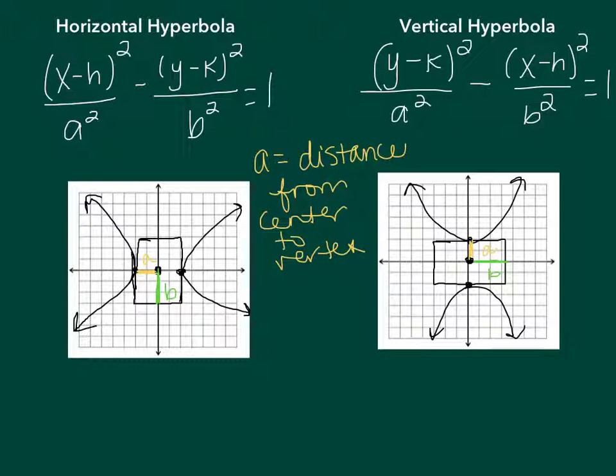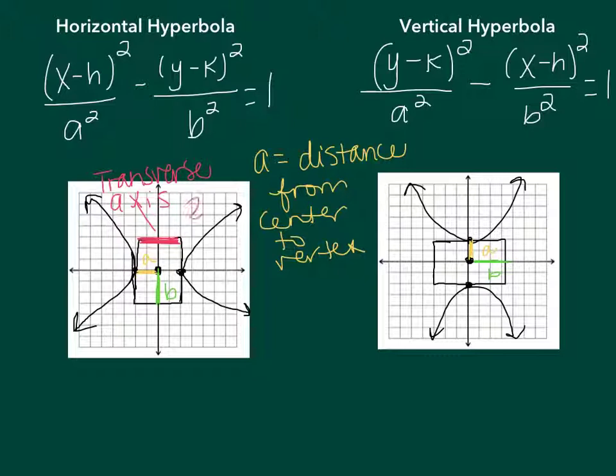Now, we've got something called a transverse axis. So this length right here, which is the same as this, the distance between the vertices there, that is called your transverse axis. As you can see, it's 2a.